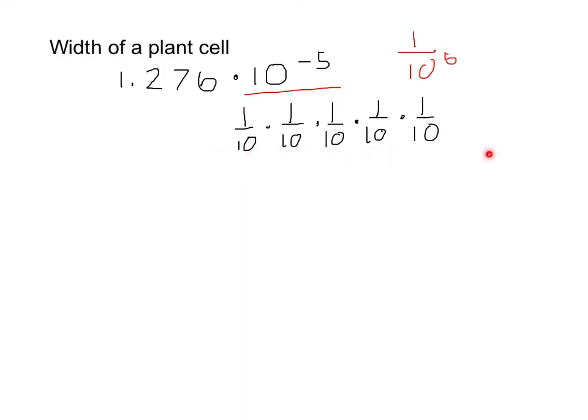So an equivalent is 1 over 10 times 1 over 10 5 times. So what I'm going to do now is multiply these fractions together. I get 1 over 100,000. I'm now going to bring back my beginning coefficient.